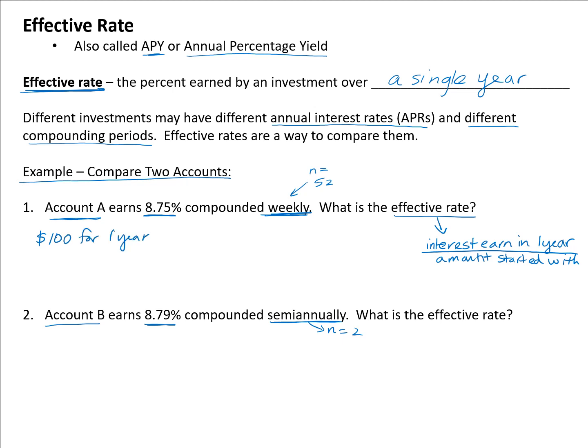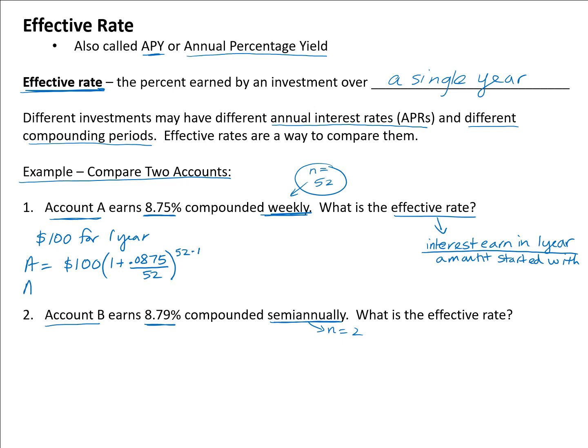All right, so if I were to calculate the interest, I would have to start by calculating the amount we would have after 1 year. So that would be $100 times 1 plus 0.0875, the interest rate, divided by 52, because remember my compoundings here is weekly, so 52 times during the year, raised to the exponent, which is N times T. Now that's 52 times, we're only going 1 year, so that would be 52 times 1, or just 52.